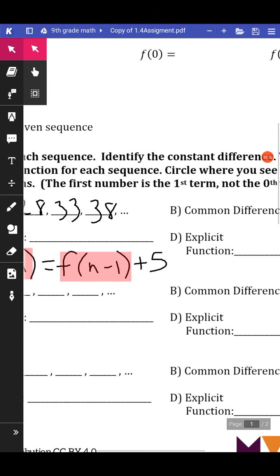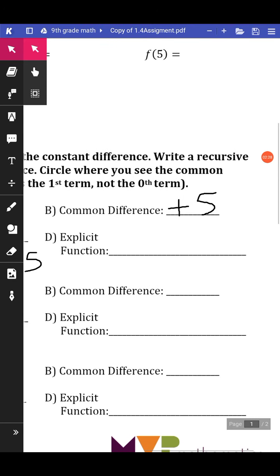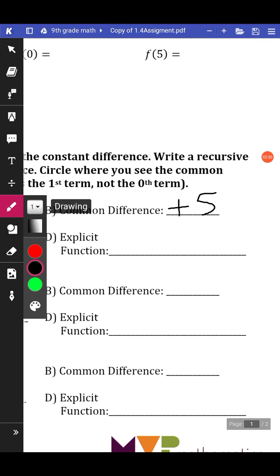Now, to go to the explicit function, we're going to still say f of n, because we're saying, what do I want right now? What do I need to know? F of n is a way to say, what do I need to know right now? For that one, where did we start?